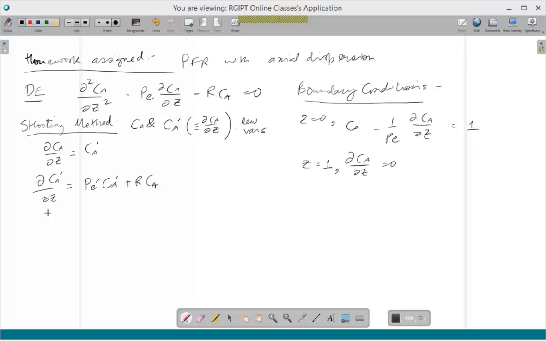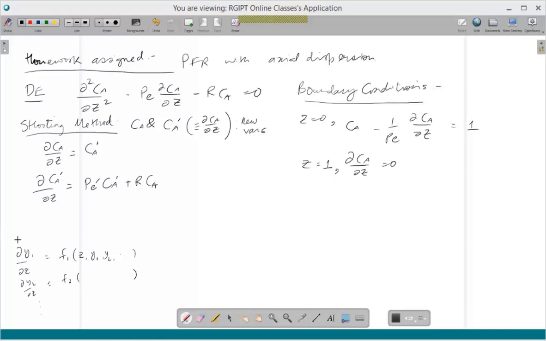So this has the form del y1 by del z equal to f1 of z, y1, and so on for all the y's. Del y2 by del z will be f2 of the same arguments, and so on.